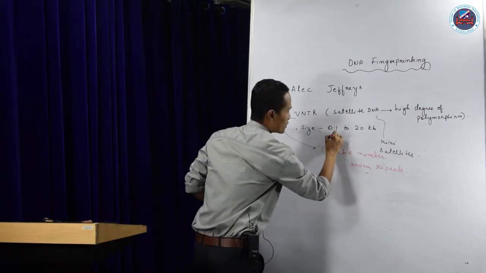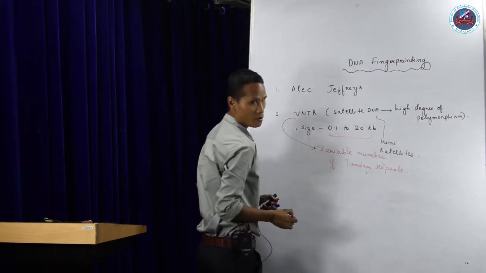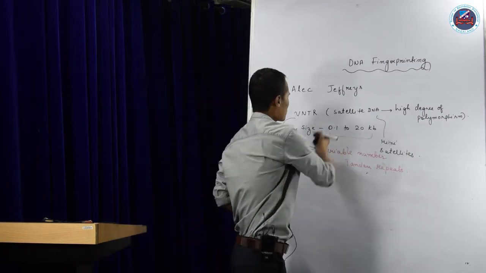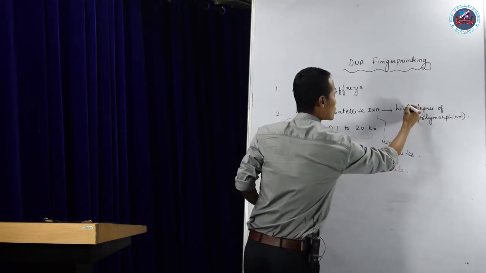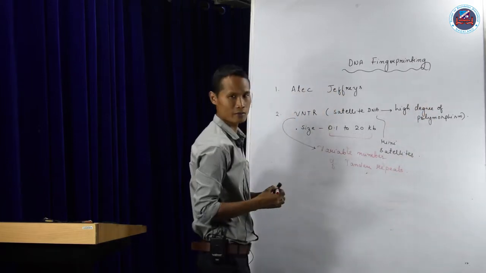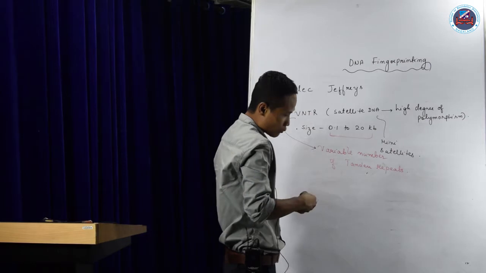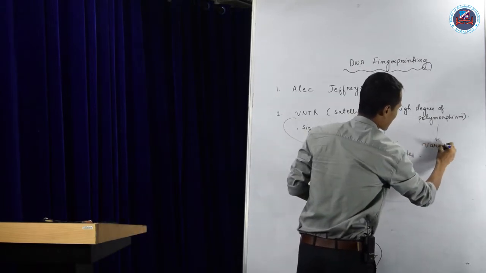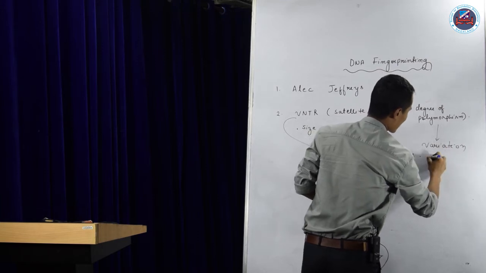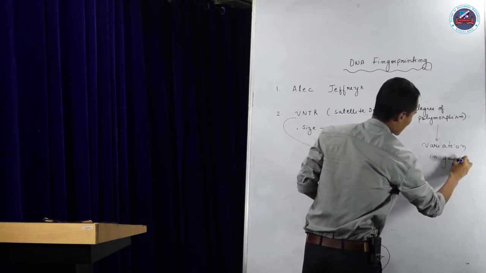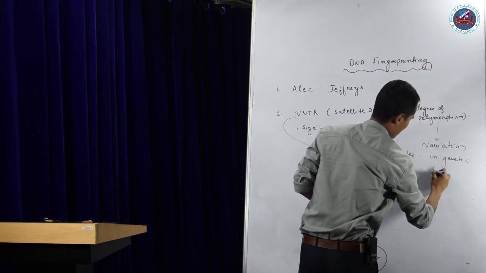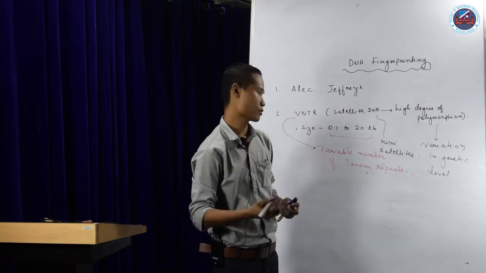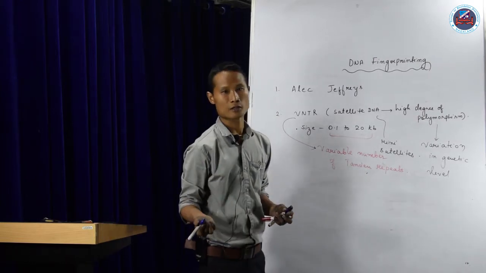Usually its size is 0.1 to 20 kb. kb means kilobases. Why is this very important? Because it shows a high degree of polymorphism. Now, what is polymorphism? Polymorphism means variation at the genetic level. This variation at the genetic level is due to mutation, right?